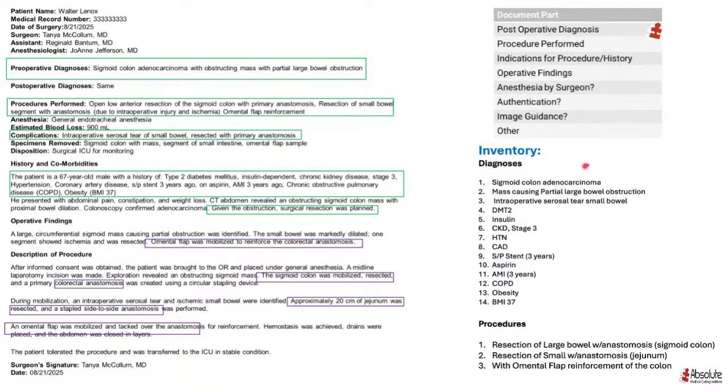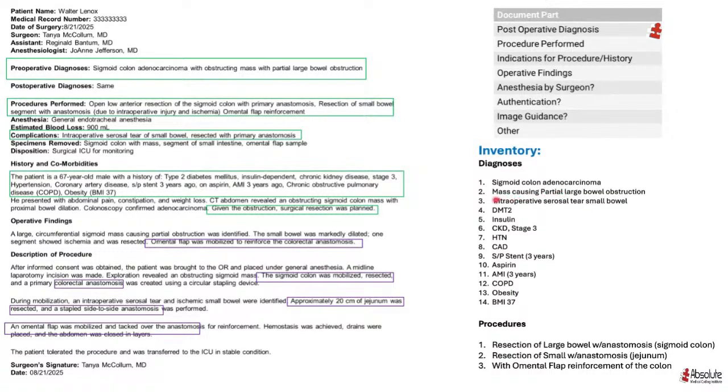And here's why. Even though the obstruction is the reason that they went in to have surgery, this obstruction is related to this sigmoid colon adenocarcinoma, right? Yeah, it's related.